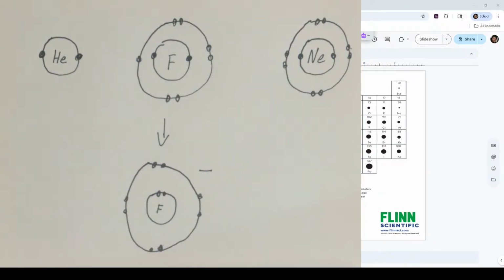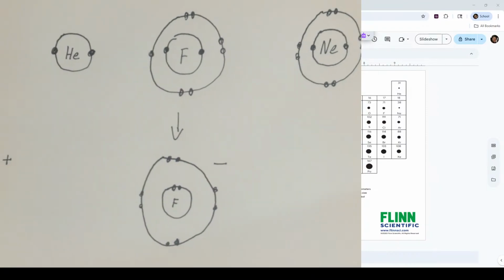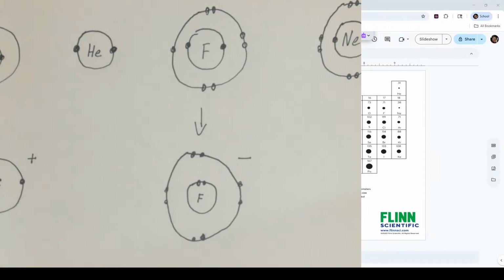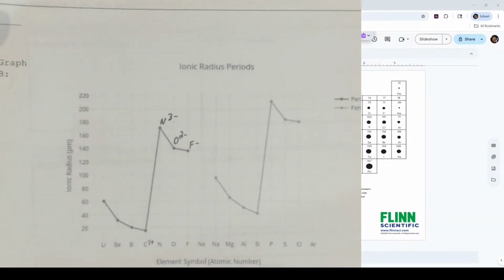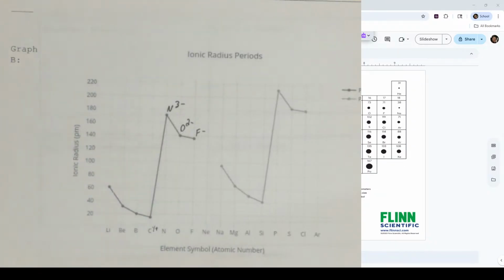But also, electrons repulse. So electrons like to push away from each other. And the nuclear charge didn't change. Because fluorine as a neutral atom and fluorine as an ion have the same number of protons, that's what makes it fluorine.